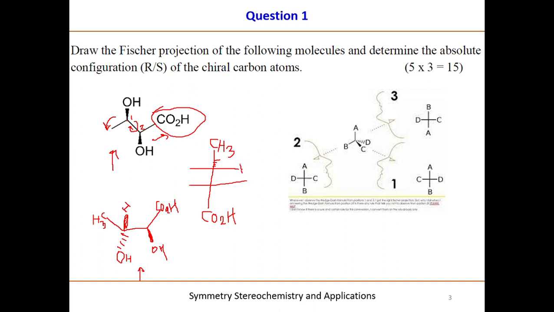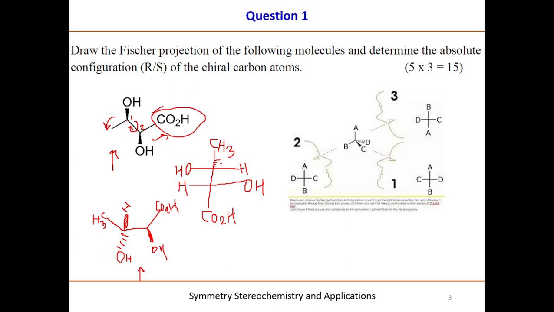So hydrogen is present on the right side, OH is on the left side. Now let's talk about the second hydroxy position. It is on wedge position, that means it is on the same side as the hydrogen of the first parallel carbon, and hydrogen is present on the left side. Okay, this is the Fischer projection of this molecule.